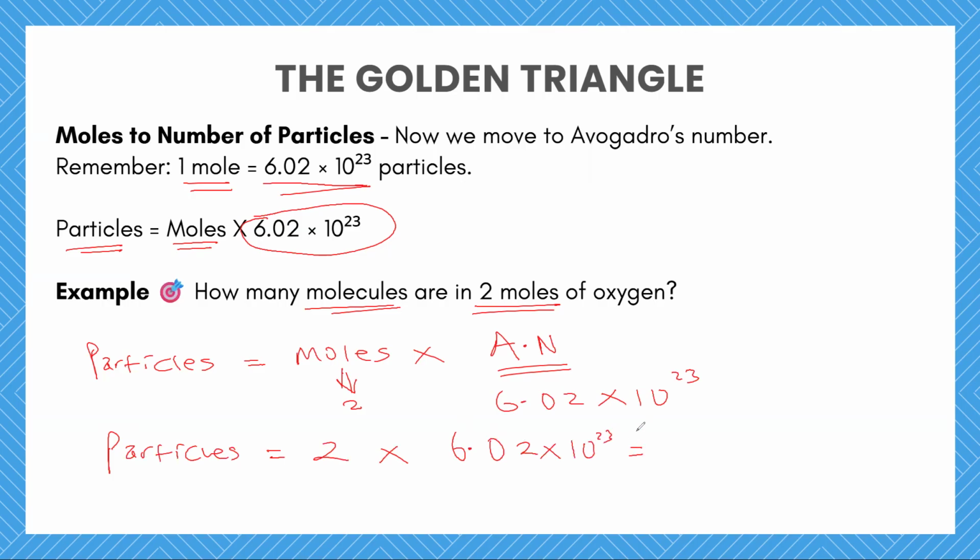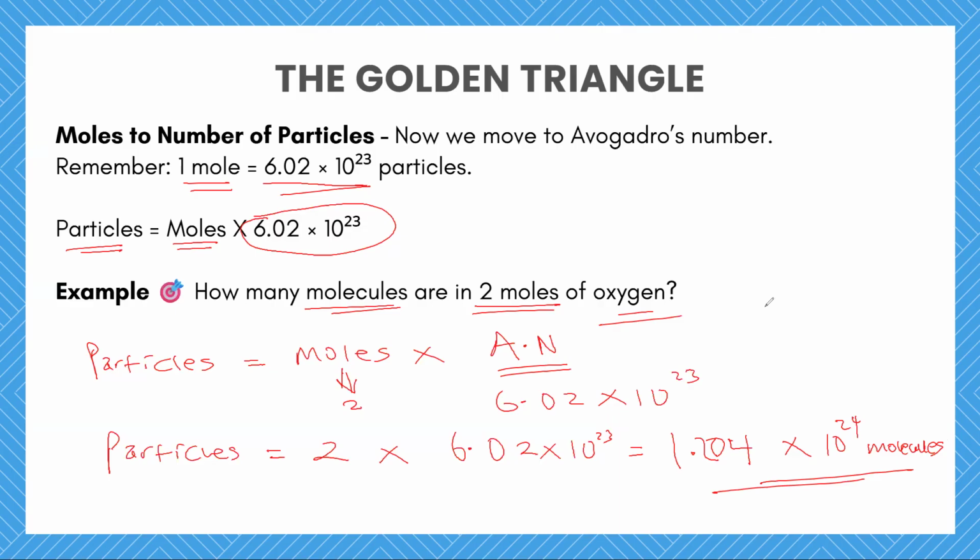When we punch our calculator, 6.02 times 10 raised to the power of 23 multiplied by 2, that gives us 1.204 times 10 raised to the power of 24 molecules. That's the number of molecules that are present in 2 moles of oxygen.